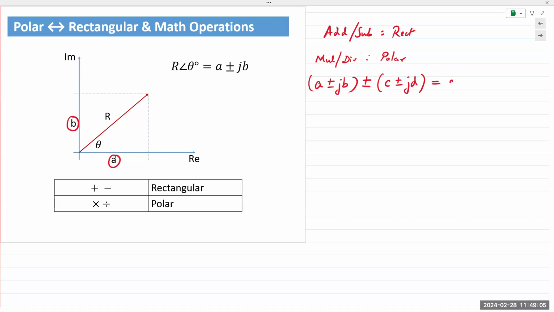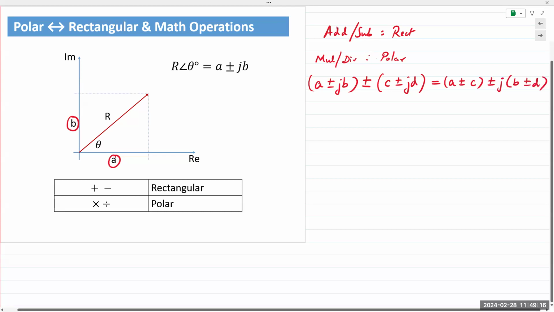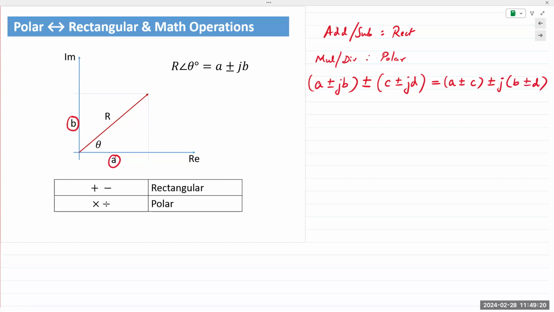So you would add or subtract the real parts, and then you would add or subtract the imaginary parts. So this you can do manually. That's why, as I said, on my calculator I can transform polar coordinates to rectangular coordinates and perform the addition or subtraction manually.